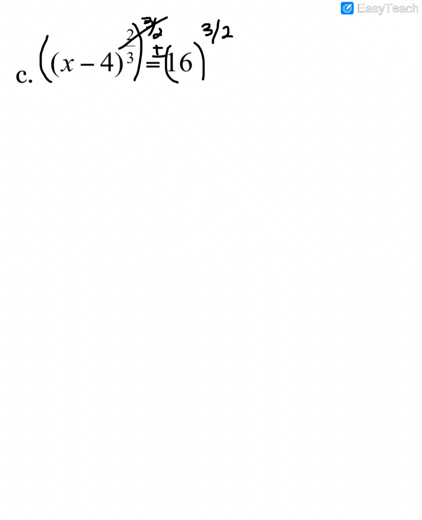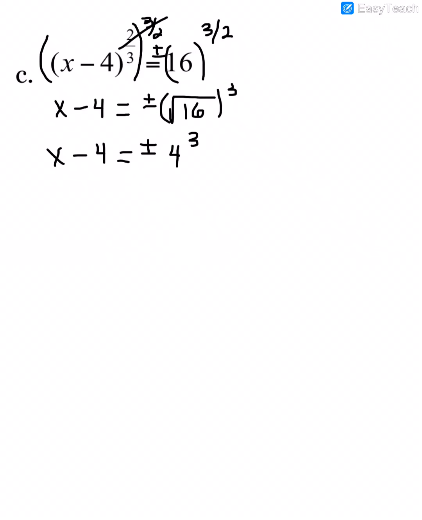These two will just cancel each other out, and I'm left with x minus 4 equals plus or minus the square root of 16 cubed. The square root of 16 is 4, and 4 cubed is 64.